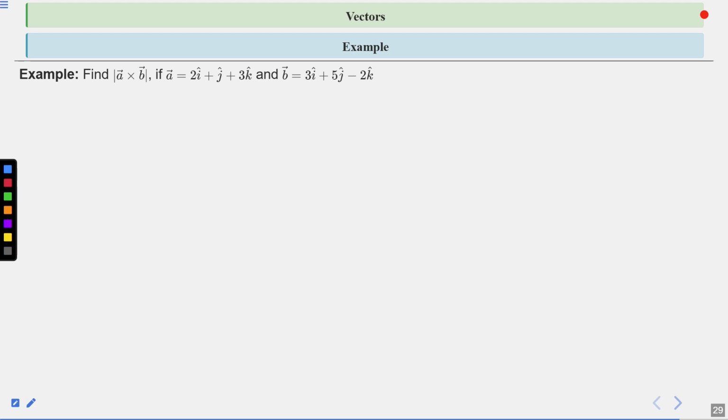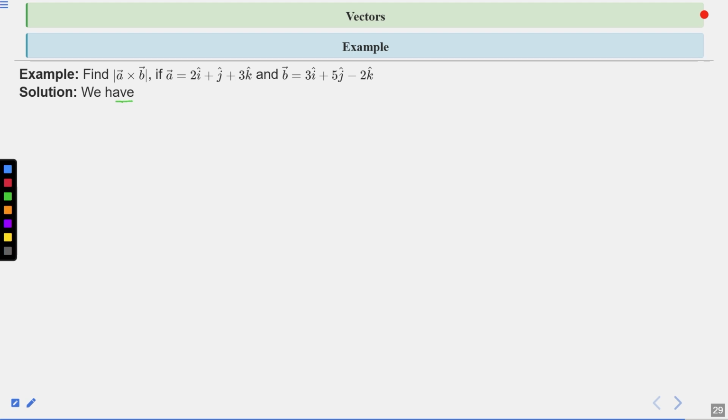One more question. Mod of A cross B, find this value. If A is equal to 2i cap plus j cap plus 3k cap and B is equal to 3i cap plus 5j cap minus 2k cap. What is the mod of A cross B? The A vector and B vector are given. Find the answer.